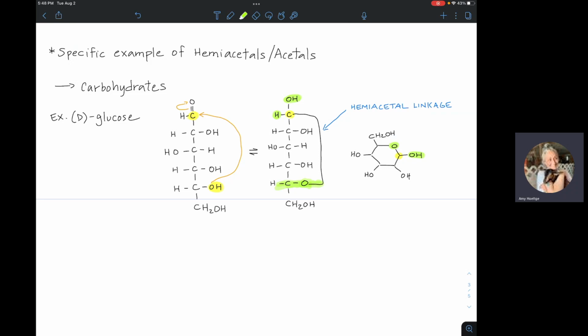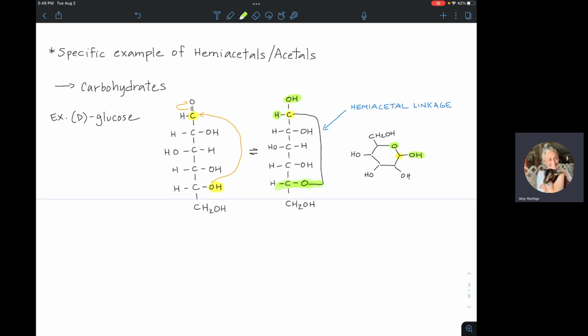So sometimes these can be hiding. If this was a hemiketal, then instead of a hydrogen on that carbon, there would have been another R group. Fructose, for example, forms a hemiketal.